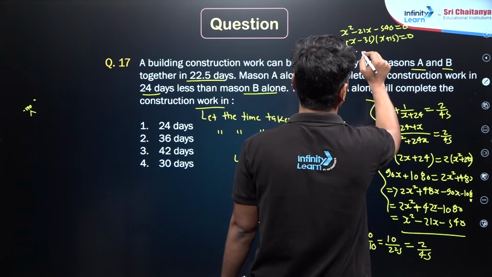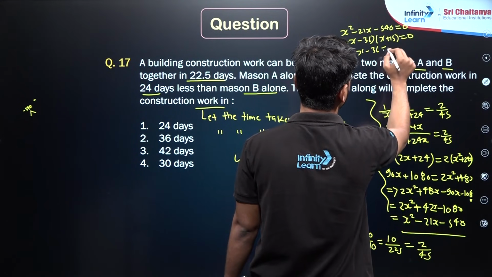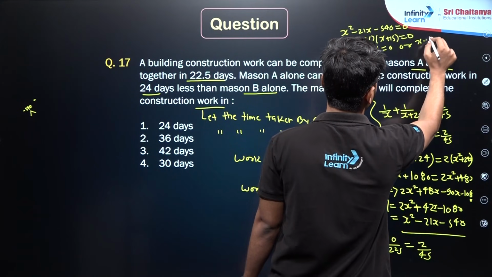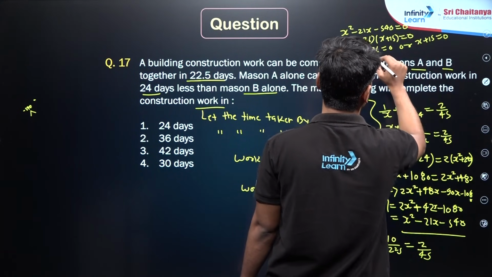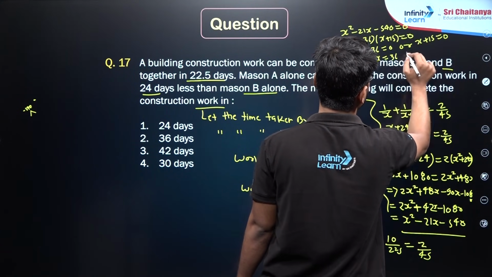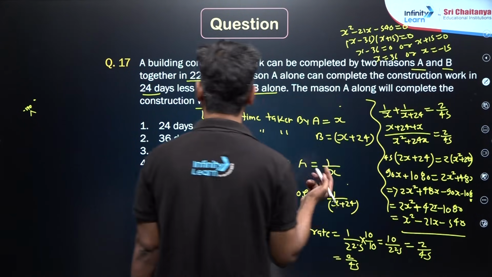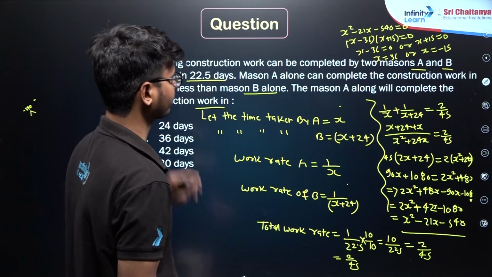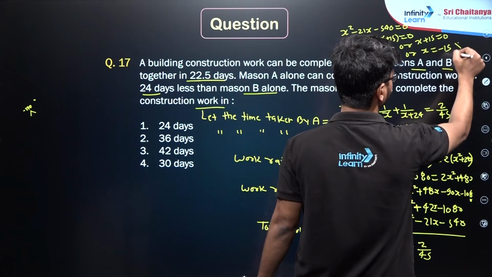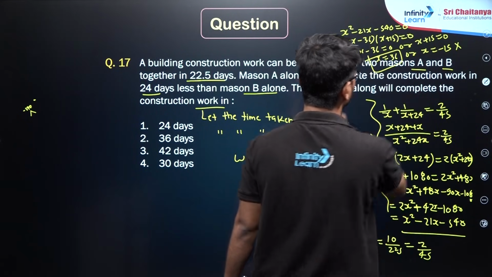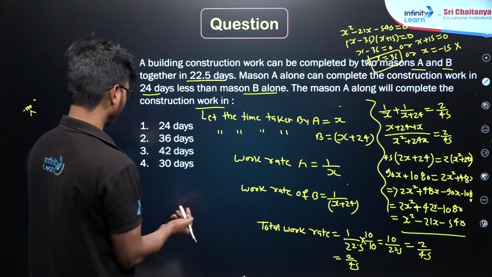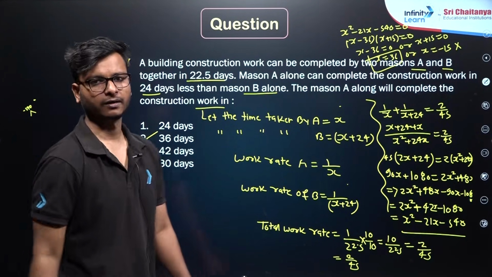So x minus 36 equals 0 or x plus 15 equals 0. From here x equals 36 or x equals minus 15. But x is the number of days, and the number of days cannot be negative, so the value of x is 36. So the answer is option 2.